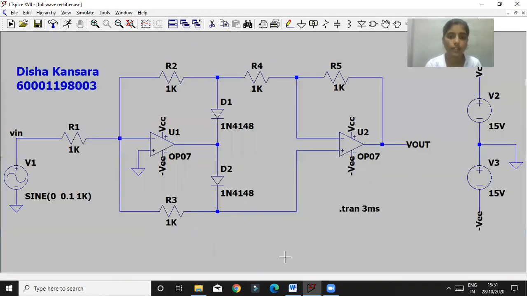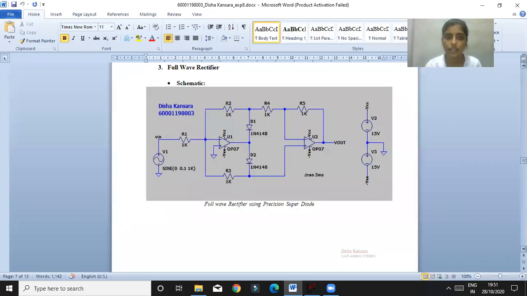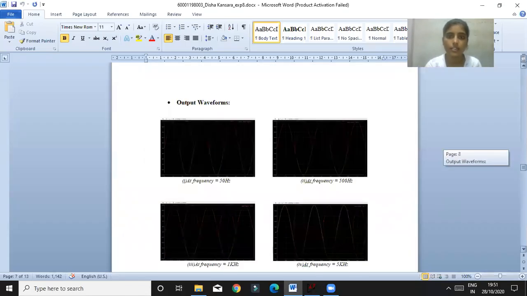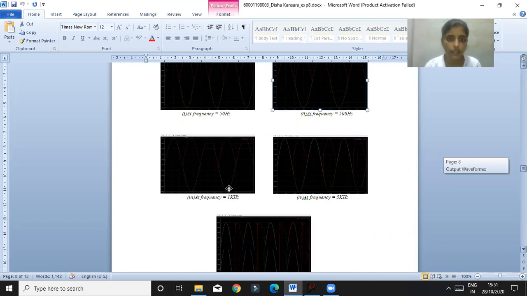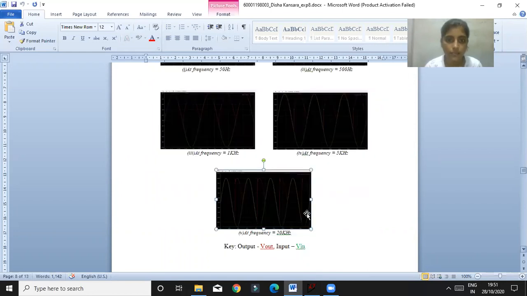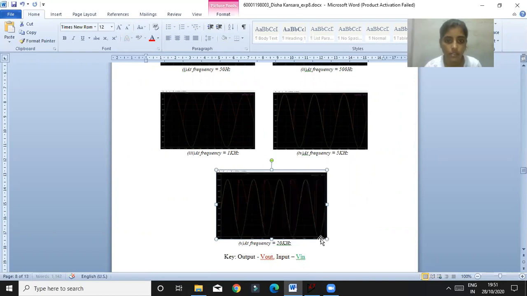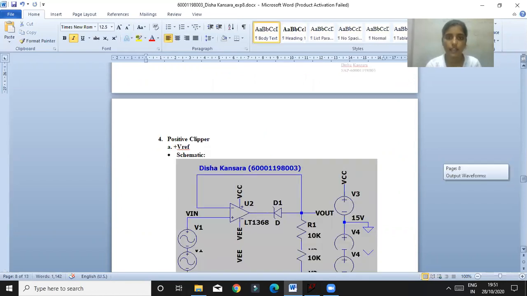This is for 1K, and for the other frequencies: this is for 50 hertz, 500 hertz, 1 kilohertz, 5 kilohertz, and for 20 kilohertz, my output waveform is clipped like this. So yeah, this is the full wave rectifier.